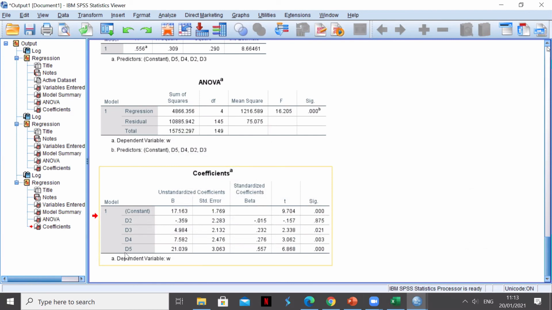I said that going from the base level to level 5 is this increase in wage. Going from the base level to the 4th is this increase. So how can we know the difference from going from 4 to 5? It's very easy, actually.